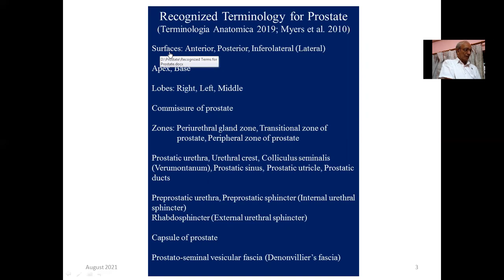As for example, which surfaces are there, apex, base, lobe, etc. Even the zones are covered, and we have already discussed about this in part 3A. And TA 2019 depended heavily on Mars et al.'s 2010 article. Next one.